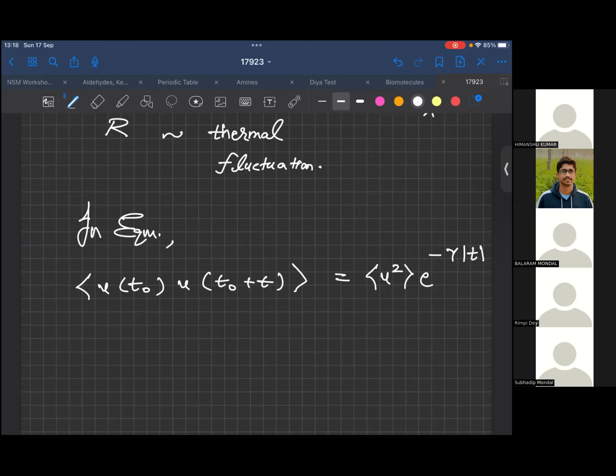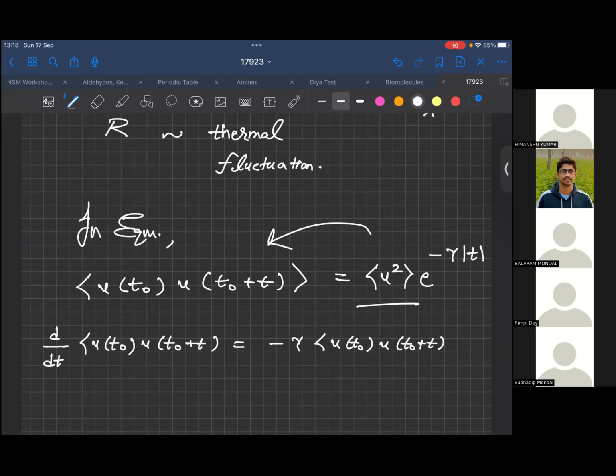Now, if we differentiate this, we get minus gamma, and then write this u squared as u(t0 + t), using this expression here, for t greater than 0.